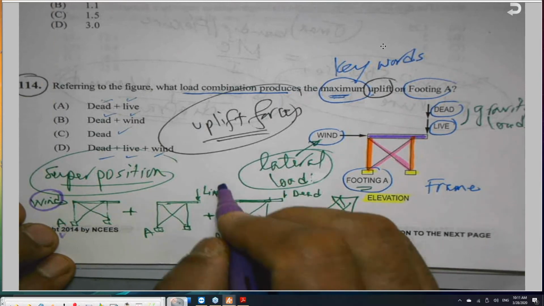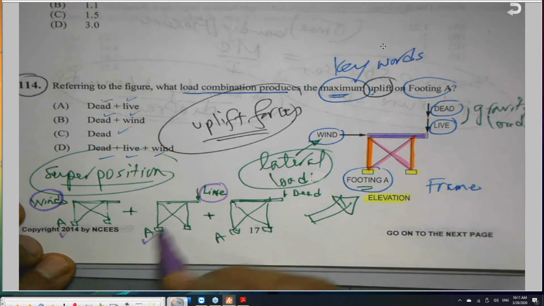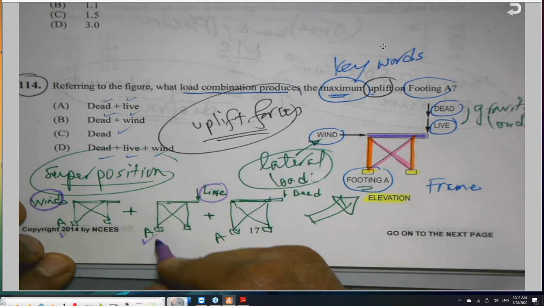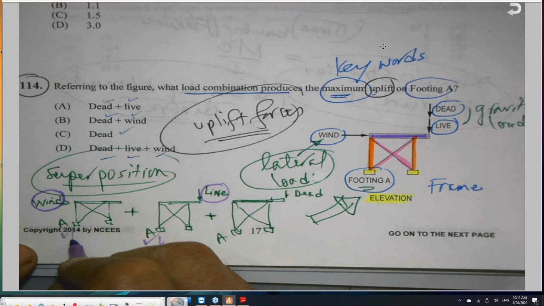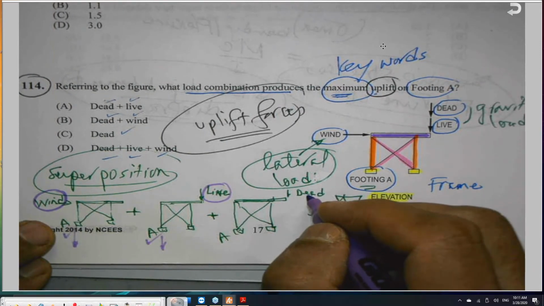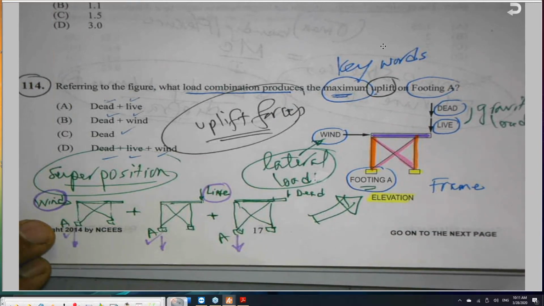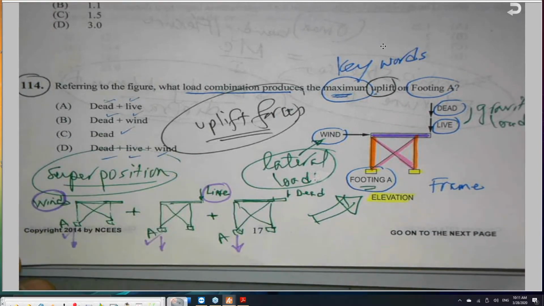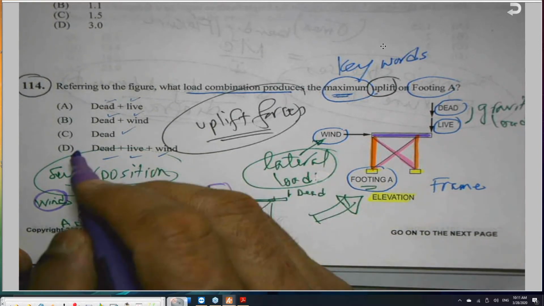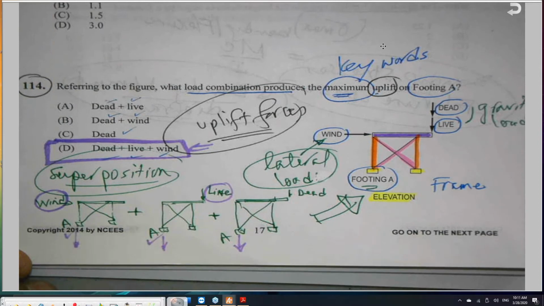This is an unsymmetrical load, the live load by itself will create uplift here, pushing down, so we have uplift here, we have uplift here. And the third load, which is the dead load, is going to create uplift here. So if you add all these together, I'm expecting the answer should be D, to produce a maximum.